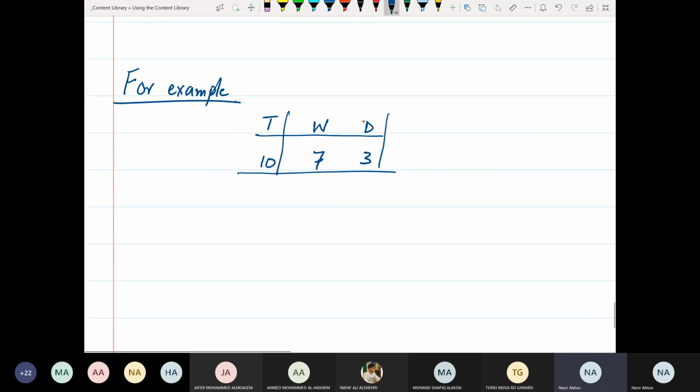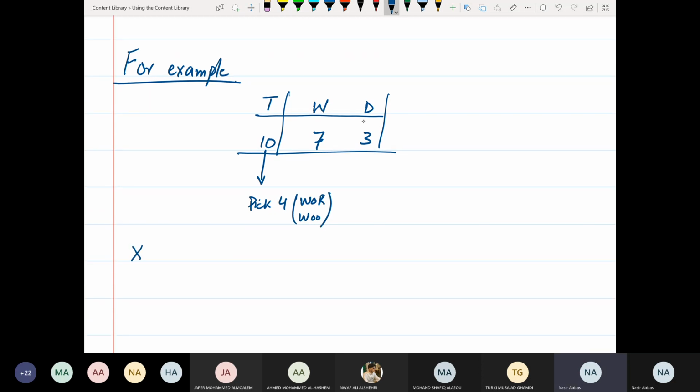And suppose you pick 4 of them, without replacement, without order. And you denote X by the number of defectives.